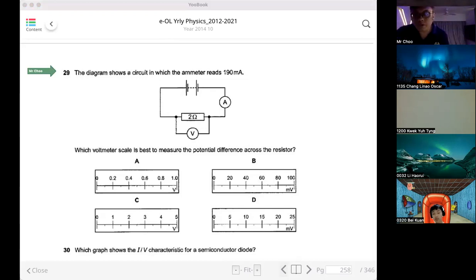Yufen, correct. Qiao Xing, correct. Hao Rui, well done. How about the rest of you?